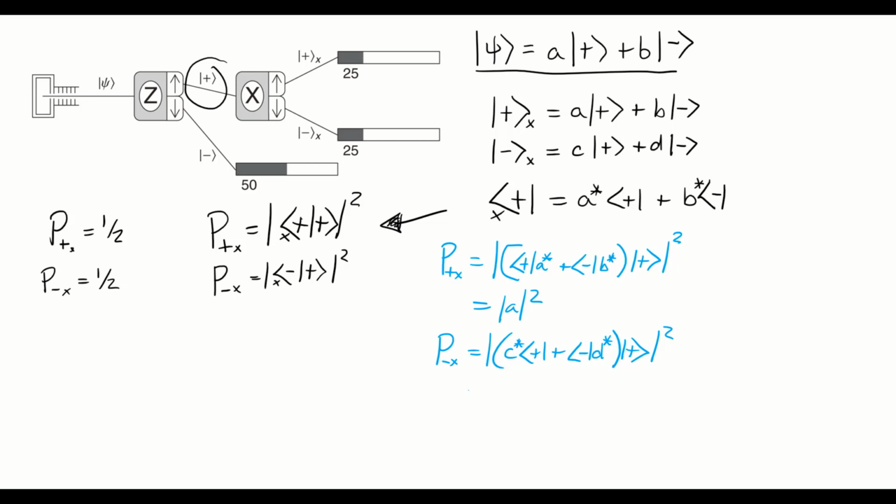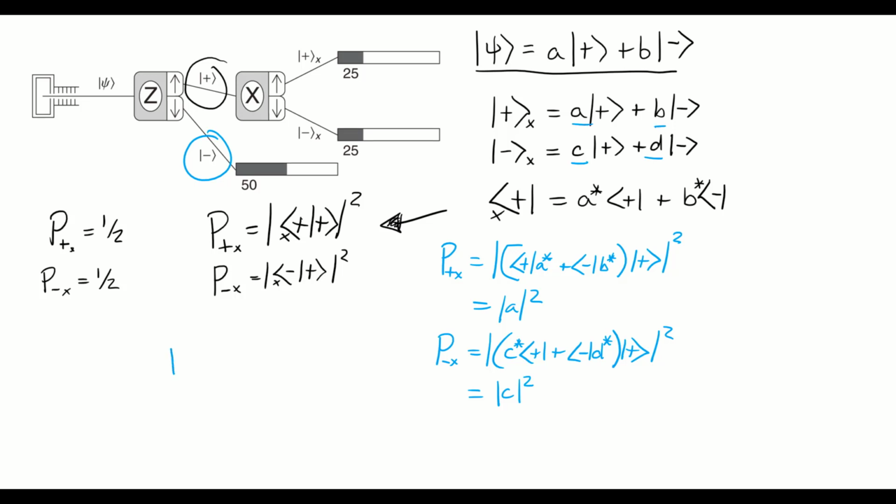If we do this for the spin down in the x direction state, we're just going to end up with the magnitude of c squared, because the plus and the plus equal 1, and the minus and the plus equal 0. We get that. And if this was the input state, we'd get the same thing with 1/2, 1/2. We basically just showed that the magnitude of all of these coefficients are going to be 1/2.